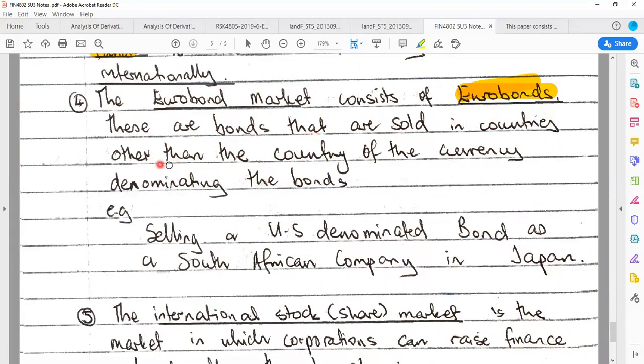For example, if you are a South African company and you sell bonds denominated in US dollars in Japan, meaning you're a South African company that goes to raise US dollars in Japan, we call that a Euro bond, because firstly it's denominated in US dollars and is being issued in a country which is different from the currency in which it is denominated.